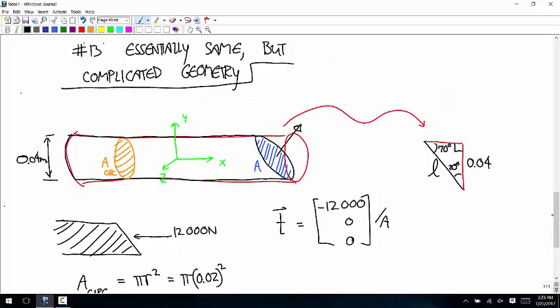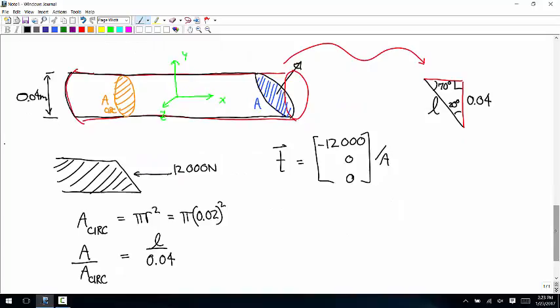L is going to be a little bit longer than 0.04. This area is going to be a little bit bigger. Think of it as what's happening is all you're doing is taking this circle and stretching it up without changing any of the width dimensions.